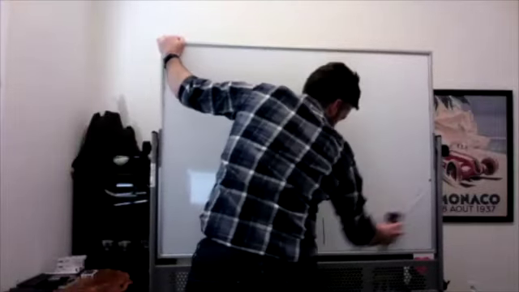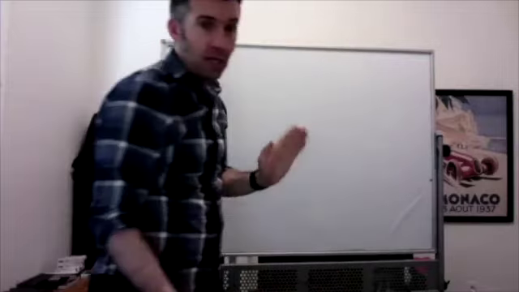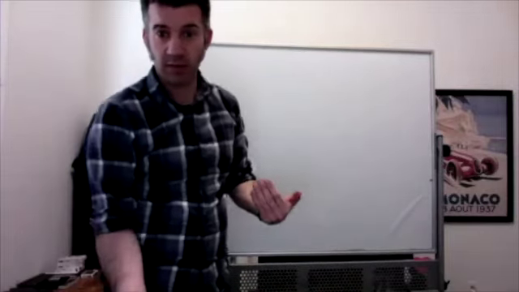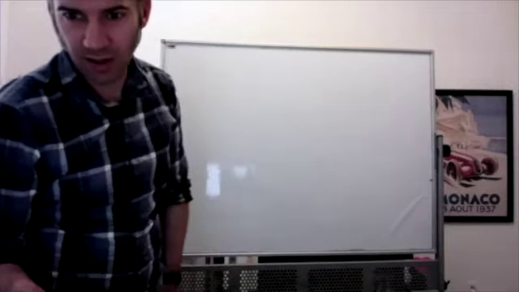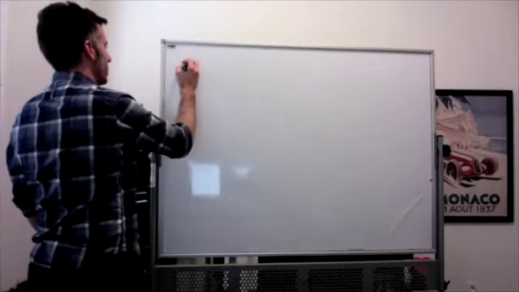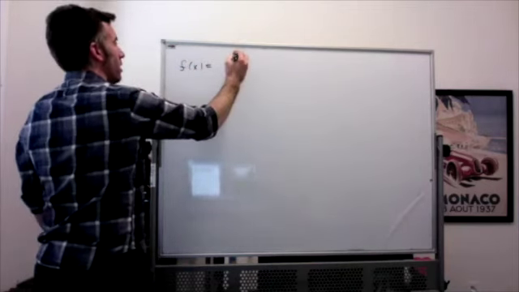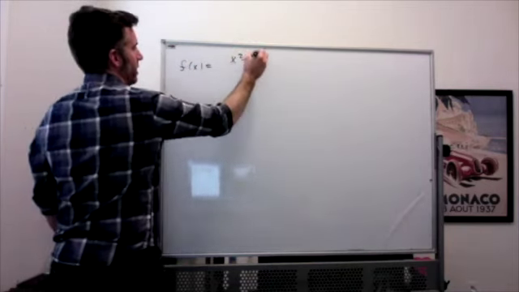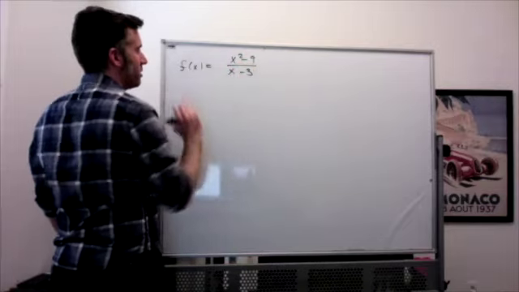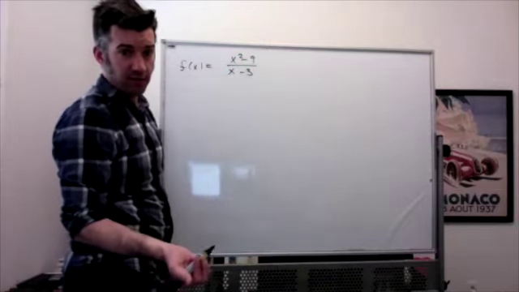Something else that's worth noting here. You never want to simplify before you find the domain. Just as an example, if someone gave you this function, f of x equal to x squared minus 9 over x minus 3, you can simplify that eventually.